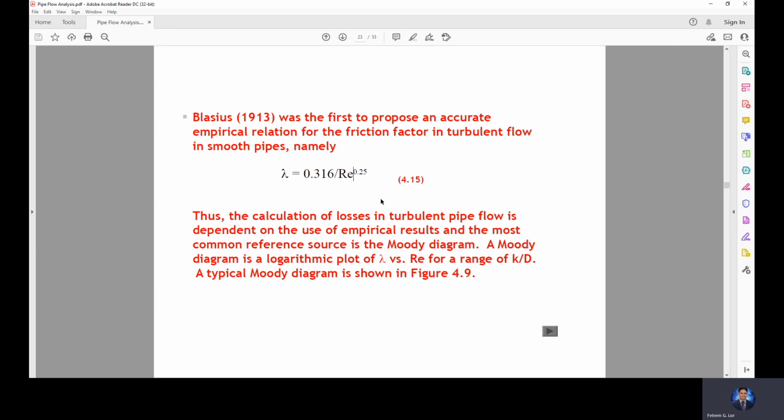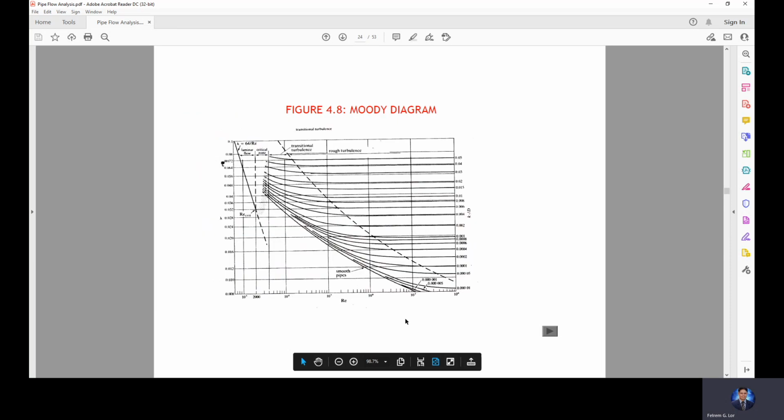It depends on the Reynolds number and k over D, where k over D is the relative roughness of the pipe. That is the Moody diagram. This is the Reynolds number. You can download a Moody diagram from the internet, or find it in almost all books on hydraulics and fluid mechanics. So that is the Moody diagram.